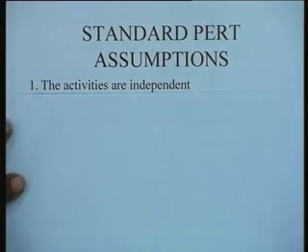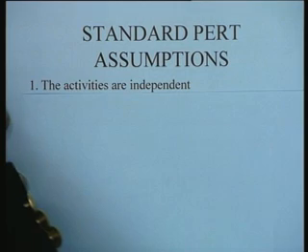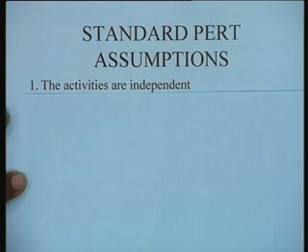So we will now try to do an evaluation of PERT. First thing is, let's see what are the assumptions that are made in PERT. It's very important to understand these assumptions if you want to do any serious work on trying to refine or improve the basic PERT procedure.